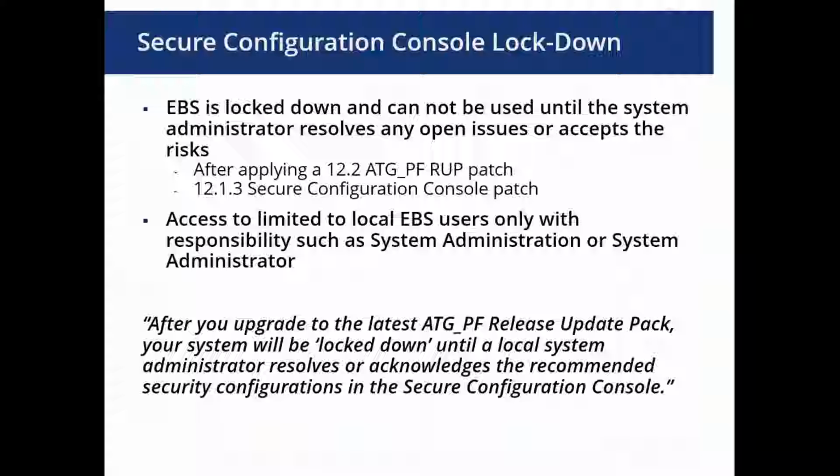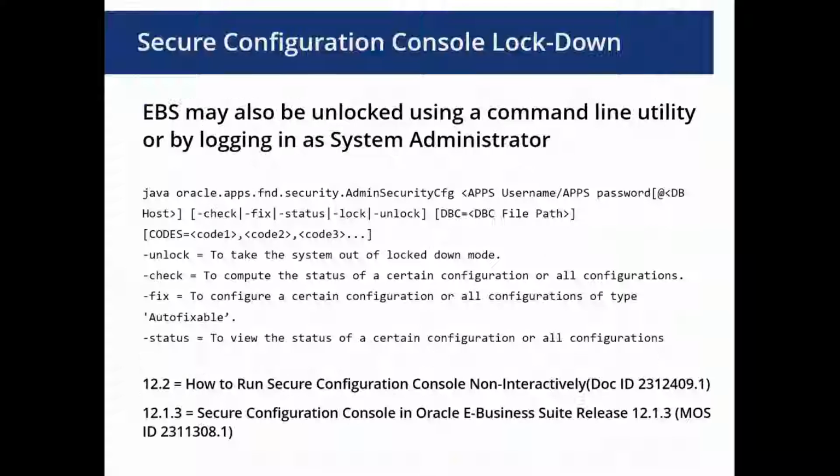You have to go in and acknowledge that there are security vulnerabilities or security misconfigurations and either fix them or just acknowledge them and say you'll fix them later. So it locks everyone out of the system. We get a lot of clients who are doing upgrades and get stuck and say, oh my God, we're trying to bring it up, we're trying to do it as automated as possible, and oh, by the way, this is blocking the system. So this is just something to be aware of.